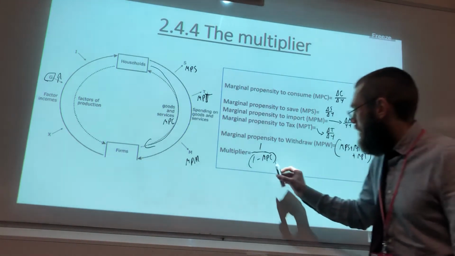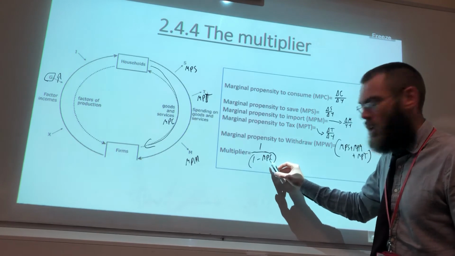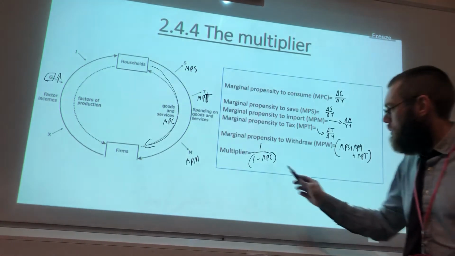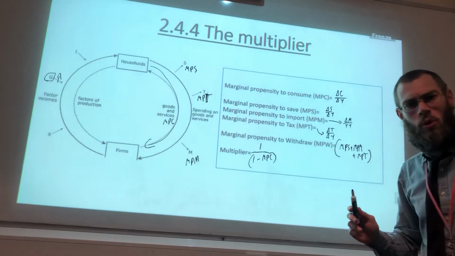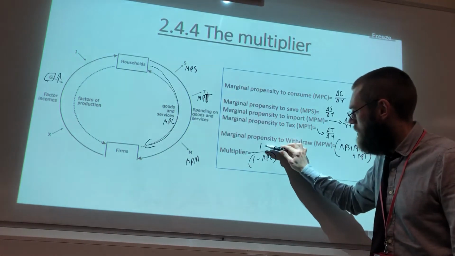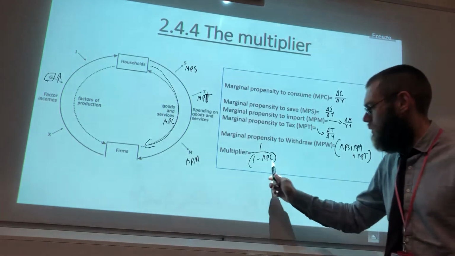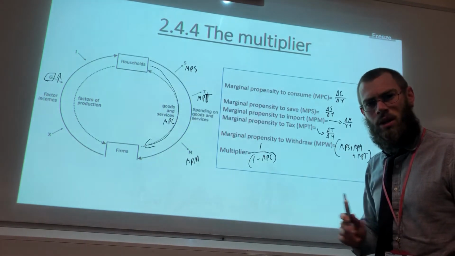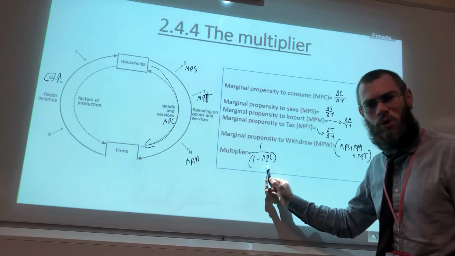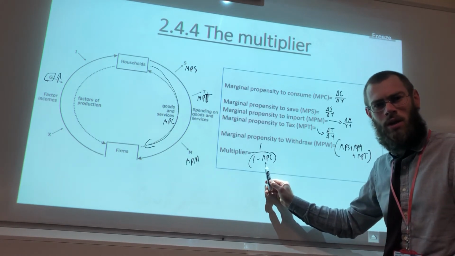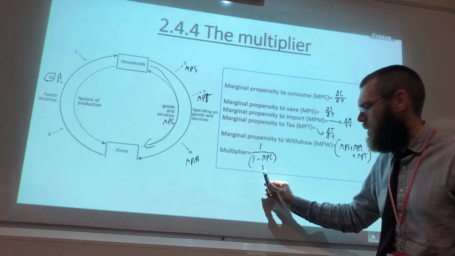Put a different way, if we know what MPC is, is there another way we know the formula? Well, let's imagine that MPC was 0.4. We could get 1 divided by 1 minus 0.4. Well, 1 minus 0.4 is 0.6. If MPC is 0.4 and MPC add MPW is 1, what does that 0.6 represent?